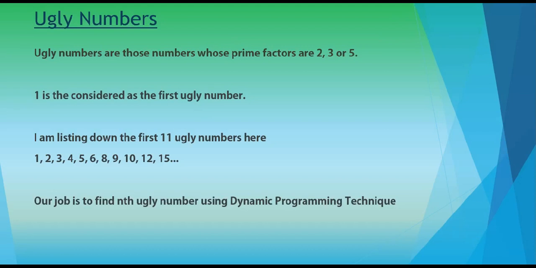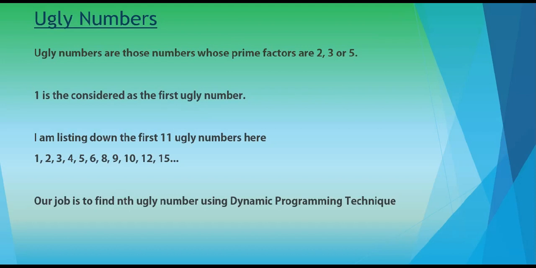So in this particular series, if I tell you to find out for me what is the third ugly number, then you are obviously going to say 3. The 7th ugly number is obviously going to come as 8. So this is the problem when the series is going to get bigger, and if I ask you how to find the 150th ugly number, then you cannot do all these calculations.